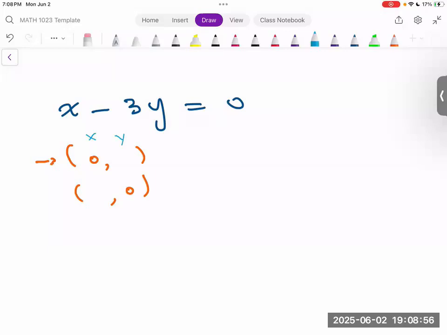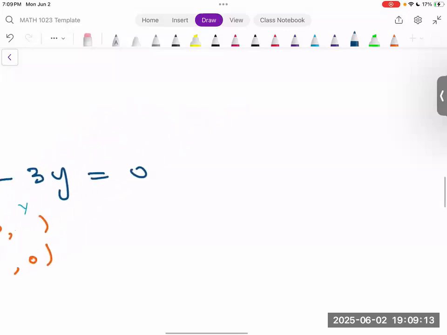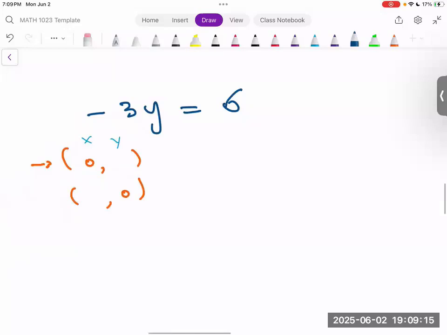X is 0, right? So what I'm going to do is, well, here I can erase it, but whenever you're working in your notebook, you just put your finger on the x. If you put your finger on the x, you don't see it anymore, right? Can you solve for the y there? By the way, it's 6 here, right? Sorry. Can you tell me what the y is?